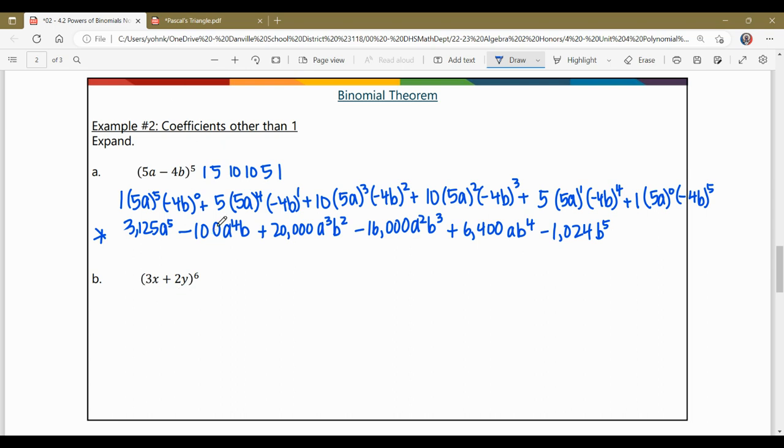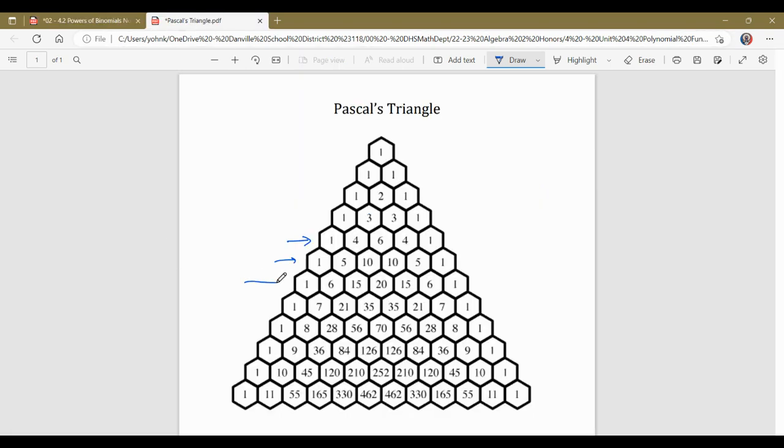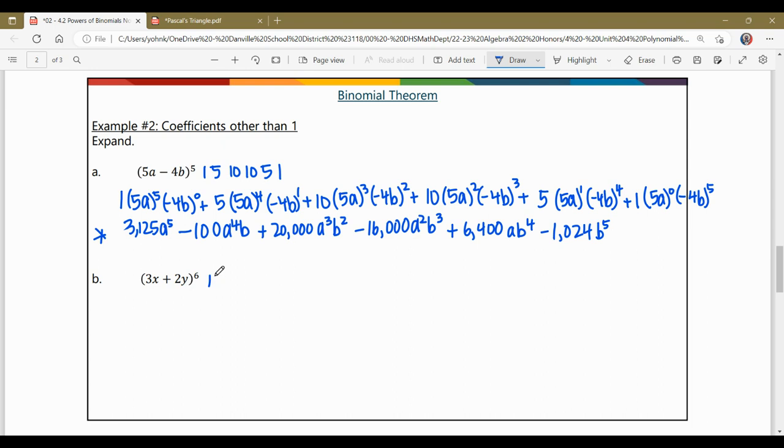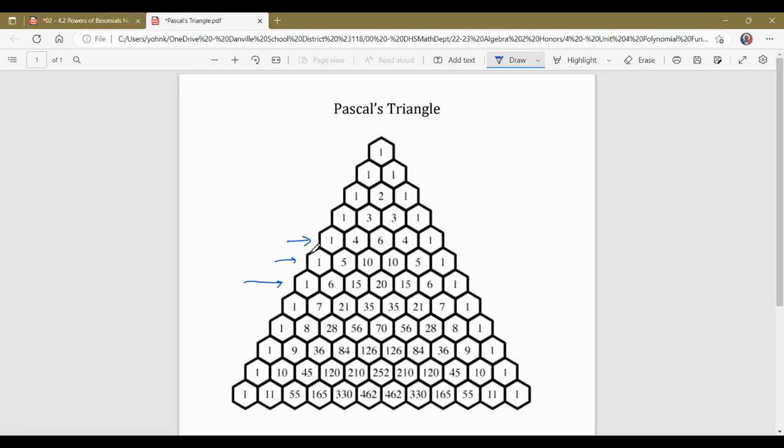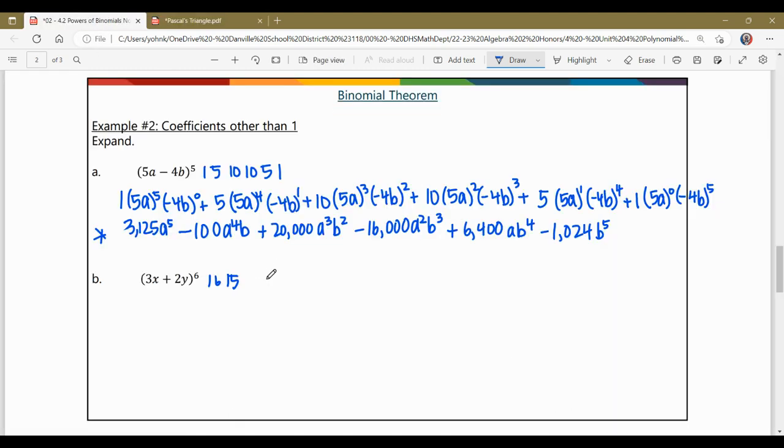All right, letter B, I need row 6. So that's 1, 6, 15, 20, 15, 6, 1.